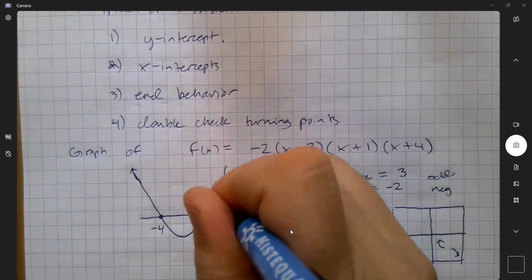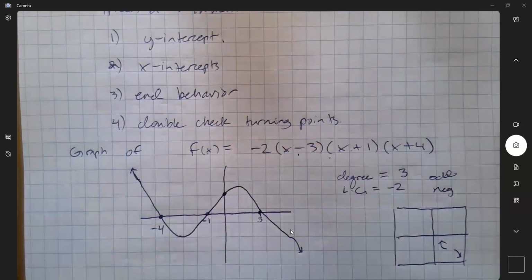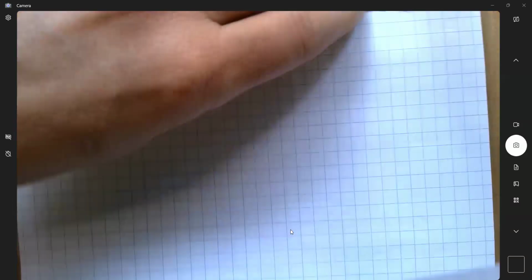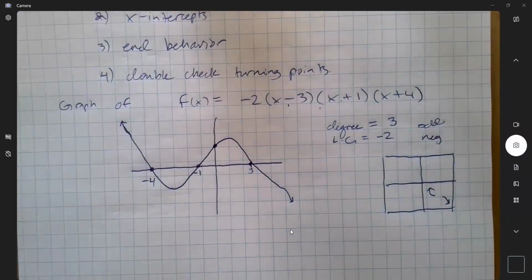So the last thing to ask about is, what is that y-intercept? And when you have factored form, the easiest way to get the y-intercept is just to put 0 into your function.